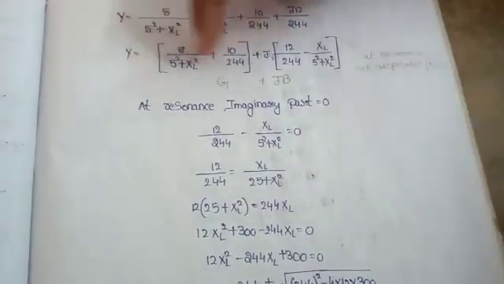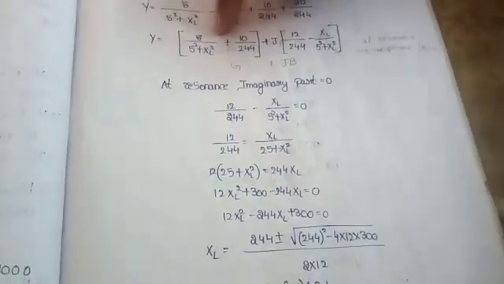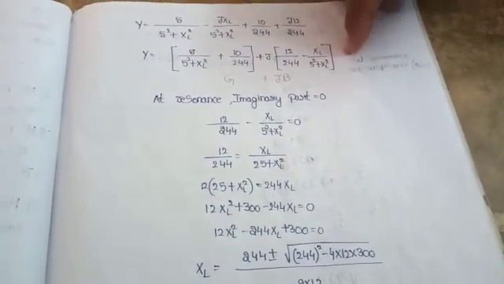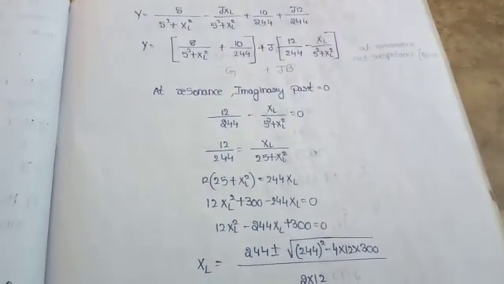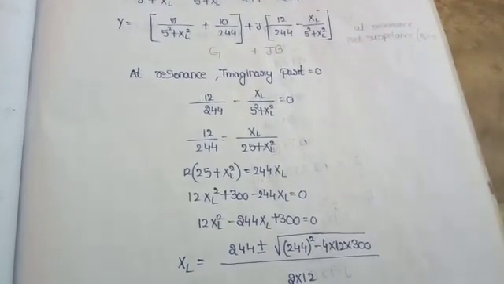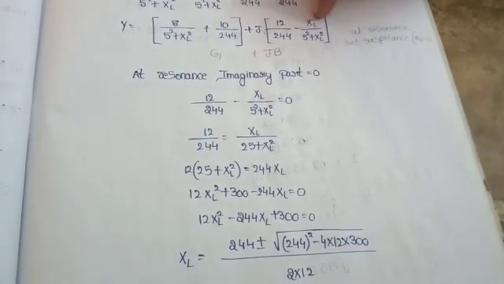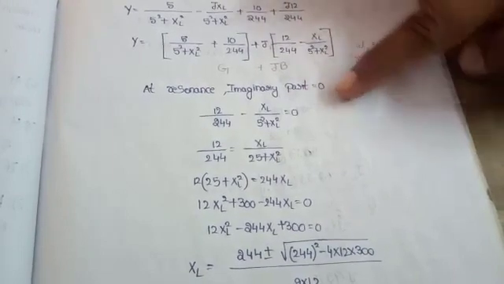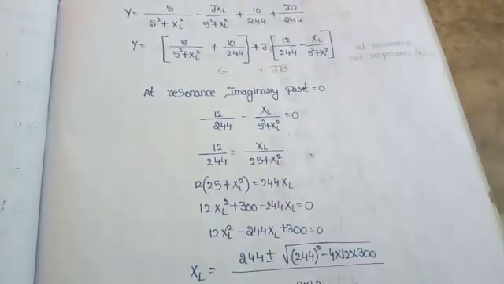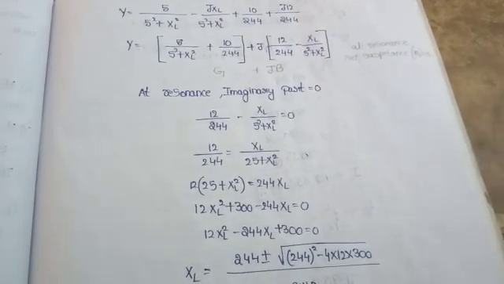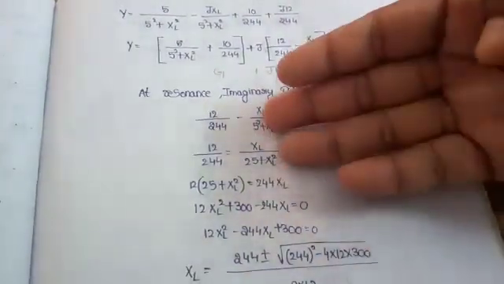So Y is equal to G plus jB, where B is the net susceptance. As you know, at resonance the net susceptance is 0, that is B equal to 0. So 12 by 244 minus XL by 5 square plus XL square equals 0. That is 12 by 244 equals XL by 25 plus XL square.